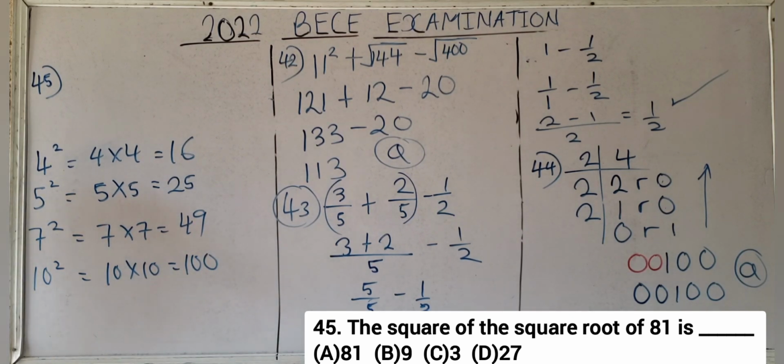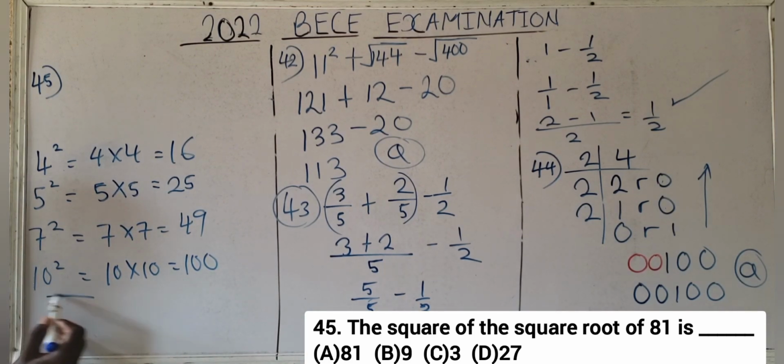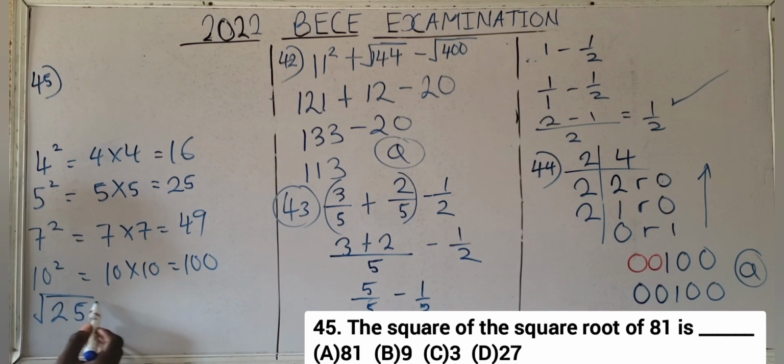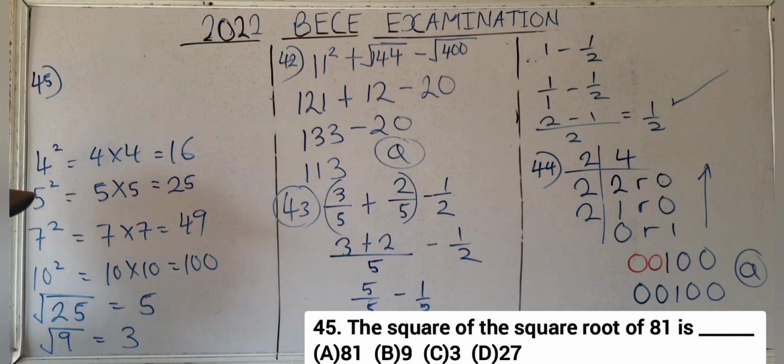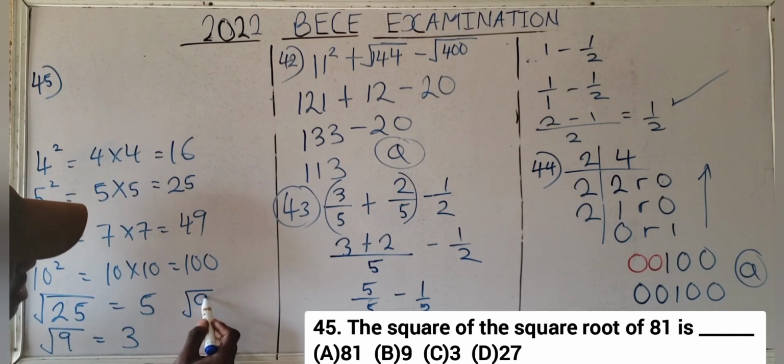The question says the square of the square root of 81. Now, what do we mean by square root? Please pay attention, okay? Square root of 25 is this sign, 25. Square root of 25 is 5. You understand? If you are asked to take the square root of 9, square root of 9 is 3. If you are asked to take the square root of 49, the square root of 49 is 7.